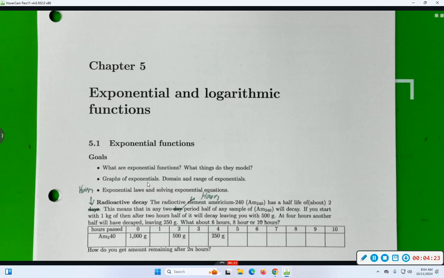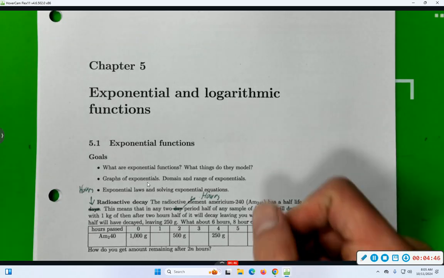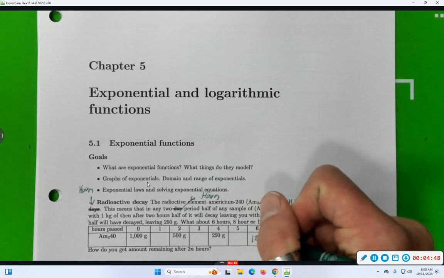So if you start with 1 kilogram, then in 2 hours time, half of it will decay. You'll be left with 500 grams. You wait another 2 hours, you'll be left with 250 grams. Wait another 2 hours, half of that will have decayed, leaving you with 125.